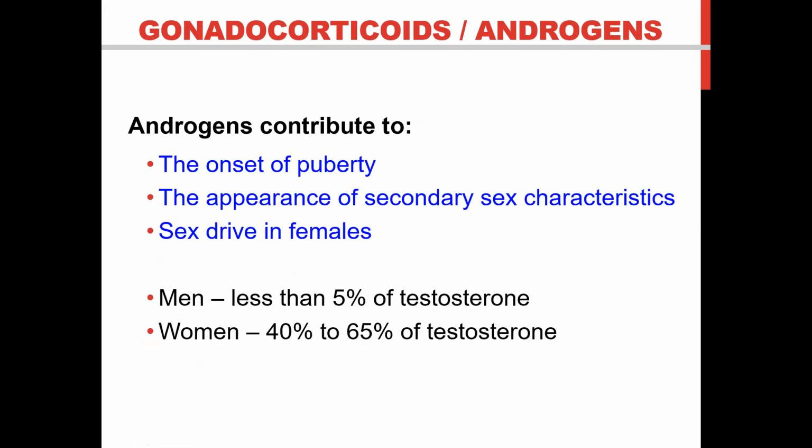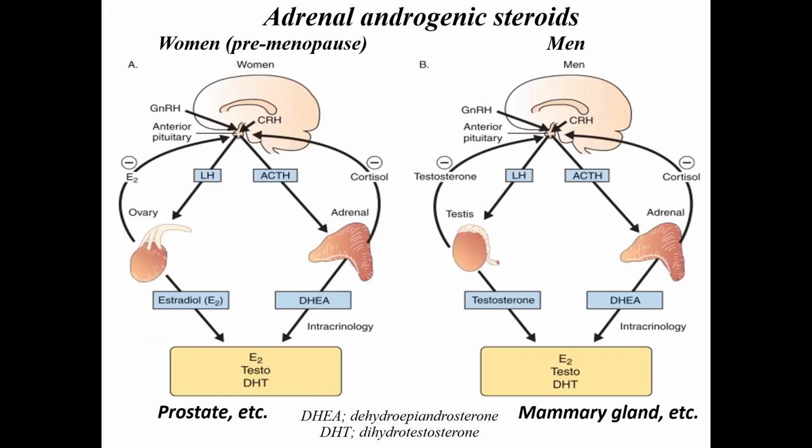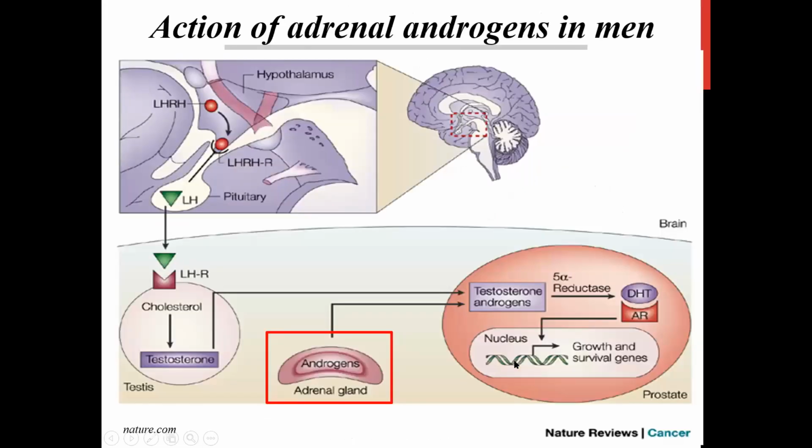Men can have less than percent of testosterone, and women can have 40 to 65% of testosterone. So this is the pathway in the production of the androgenic steroids. Women produce estradiol and DHEA, and men have testosterone as well as dehydroepiandrosterone.